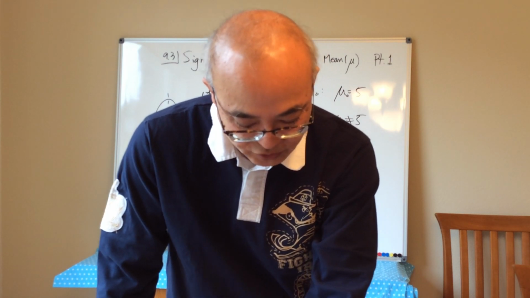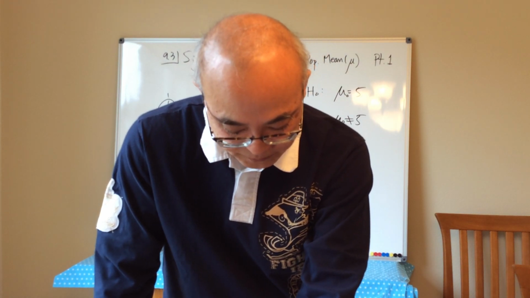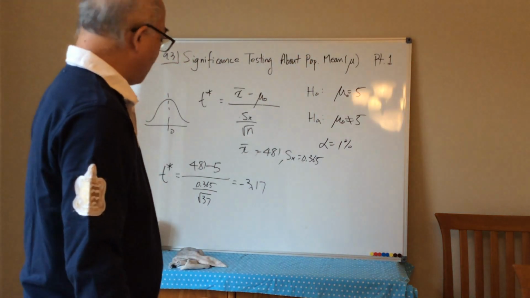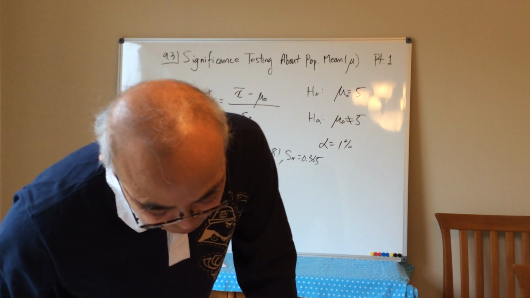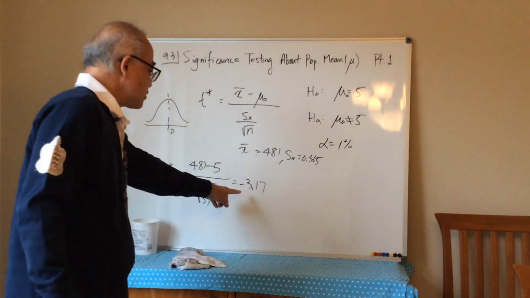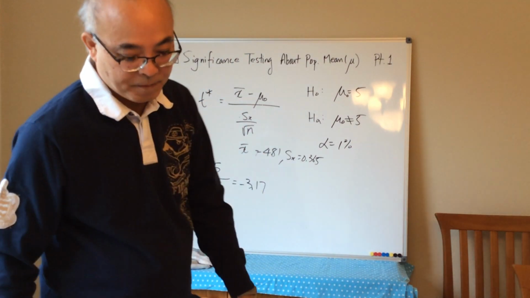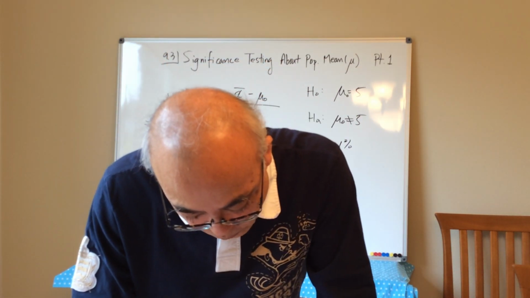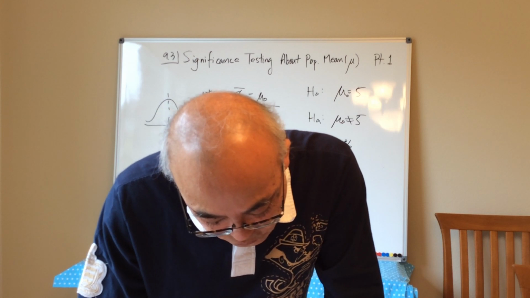So you're going to use the degree of freedom 30 line there, okay? If you look between 3.03 and 3.385, because that's where 3.17 falls, it's between 0.1% and 0.25%.